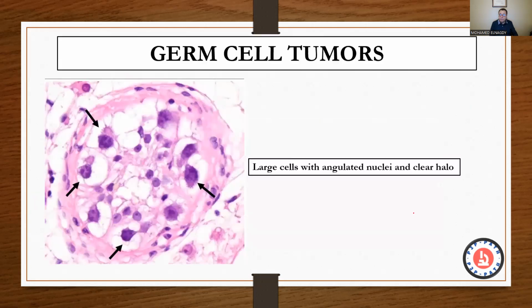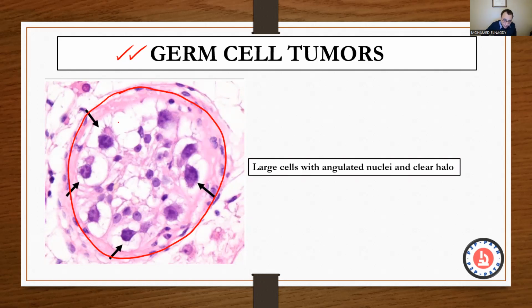Let's start with how we can identify germ cell tumors under the microscope. The first entity you need to know is when you see the outer contour of the seminiferous tubule is well preserved.